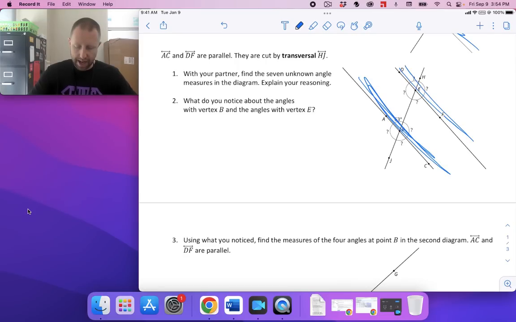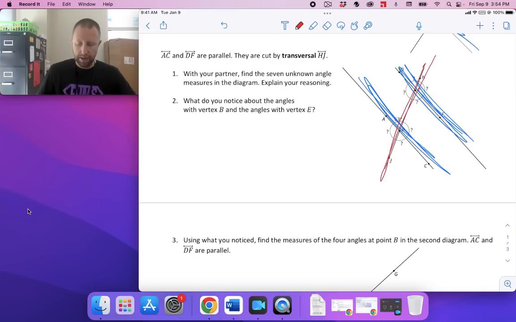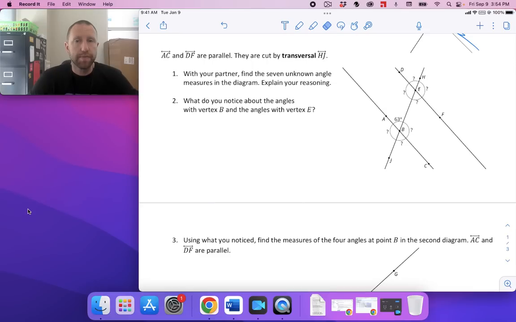Here's line DF, and then line HJ would be the transversal that cuts through those, okay? With your partner, find the 7 unknown angle measures in the diagram and explain your reasoning. So go ahead, pause the video right now, look at what we did for activity 1, and see if you and your partner can find all the missing angles on this diagram. Go.